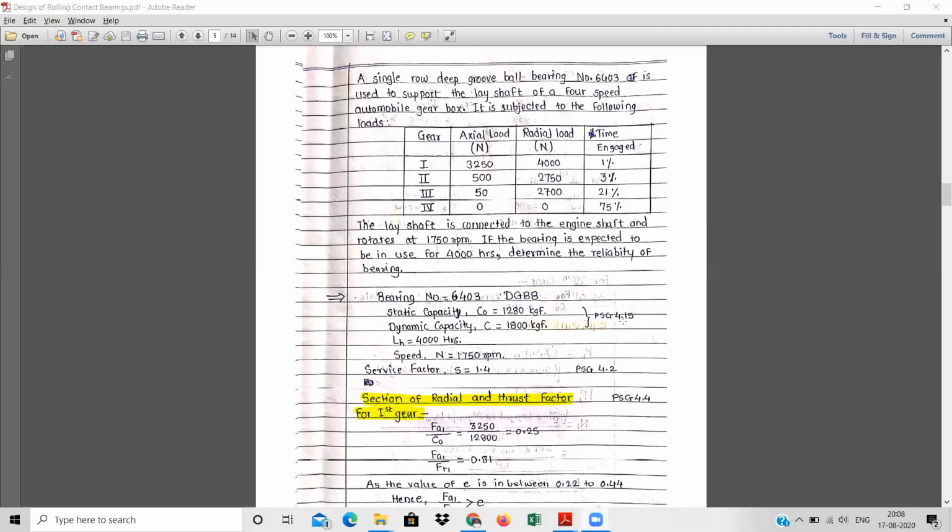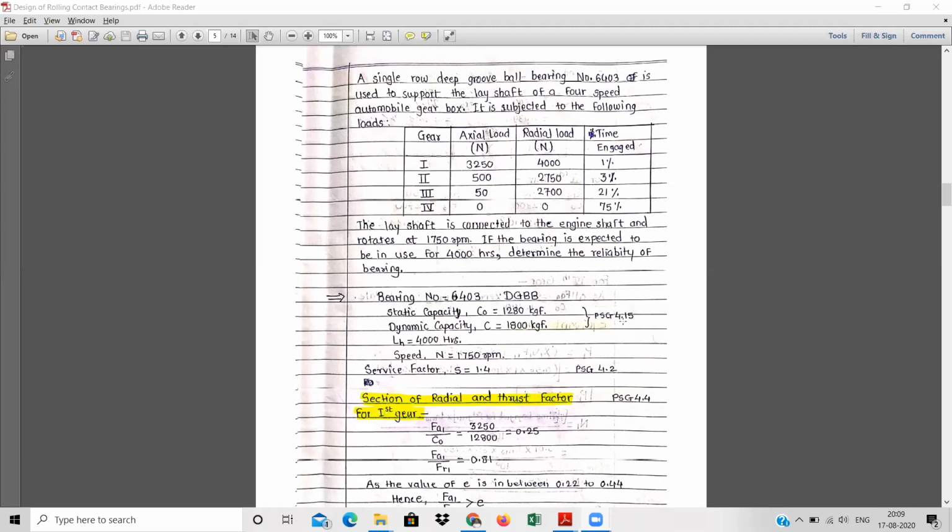The lay shaft is connected to the engine shaft and rotates at 1750 rpm. If the bearing is expected to be used for 4000 hours, determine the reliability of the bearing. First of all, we need to understand that the time of engagement is given with respect to the total time.